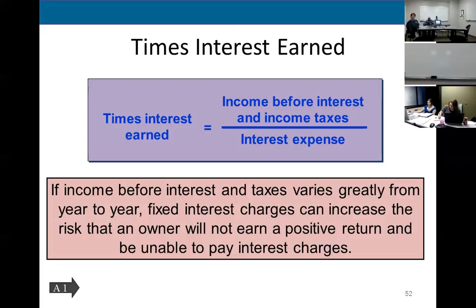Now, I can say that companies that loan money want to assure that principal and interest are paid when it's due. So if you're in the business of lending money, you're going to use this ratio. And I'll have you make note that accounting experience has shown that when times interest earned falls below 1.5 to 2 and remains at that level for several periods, defaults increase sharply.